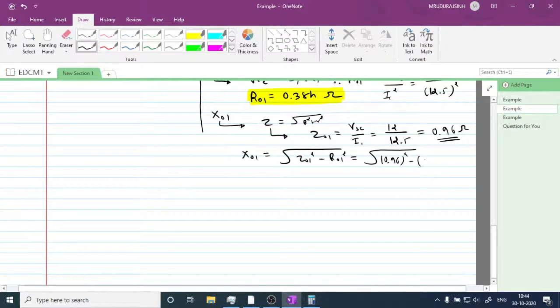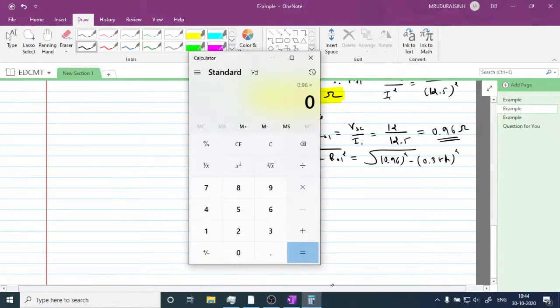Now let me calculate. 0.96 into 0.96 gives us 0.9216. 0.9216 minus 0.384 into 0.384 gives us 0.147.